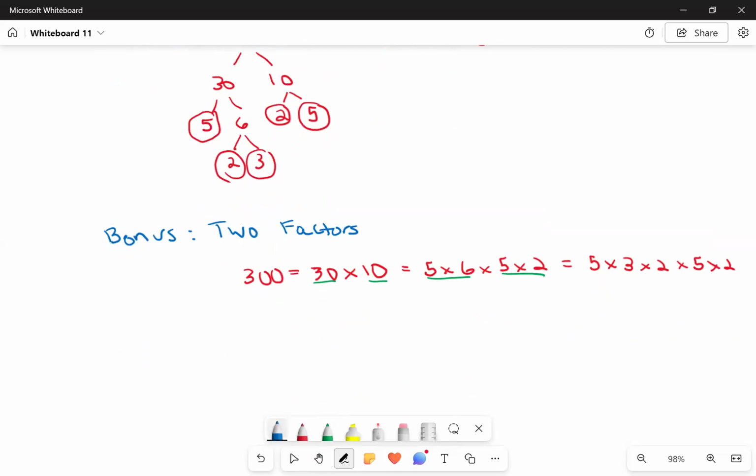Now, before we continue, we've actually kind of just hit on something called the fundamental theorem of arithmetic.